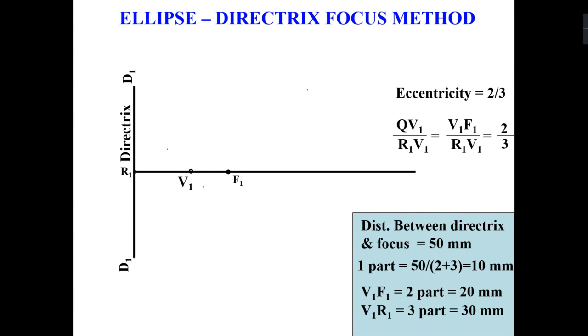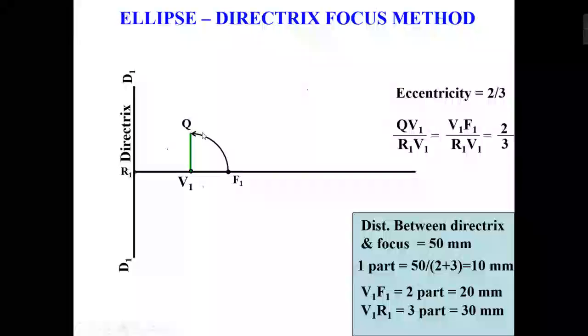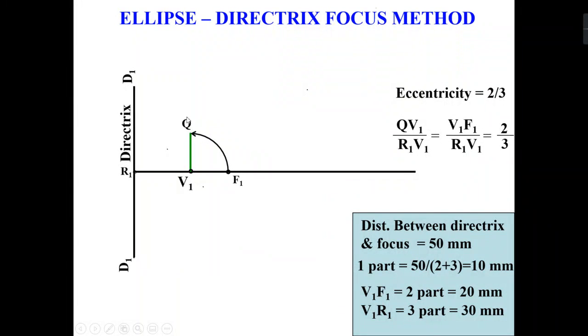After marking the point V1, I will draw a perpendicular from V1, and cut an arc on this vertical line having the length of V1 F1, which is nothing but 20 mm. Like this I can cut a mark with the rounder here on the vertical line. After marking this point, Q, I will draw a straight line that will pass through R1.